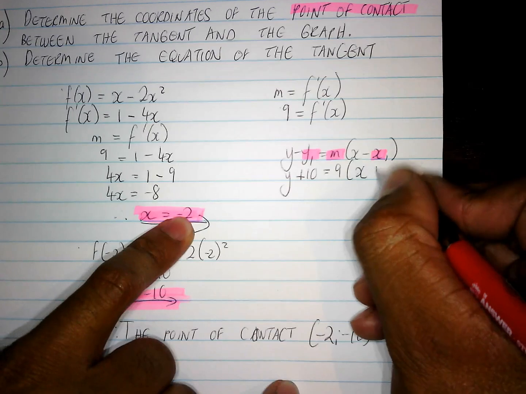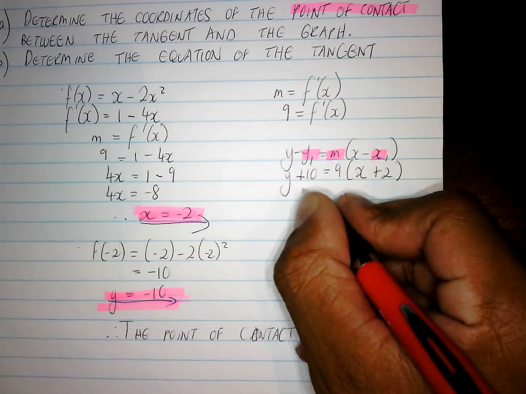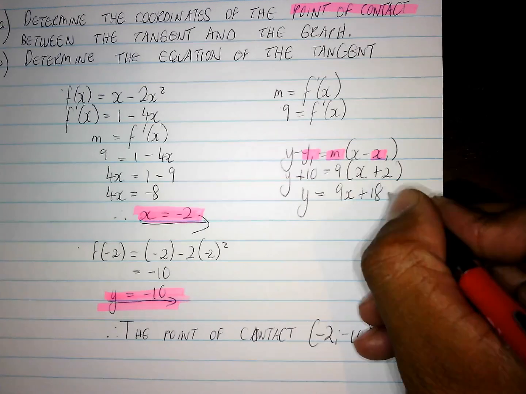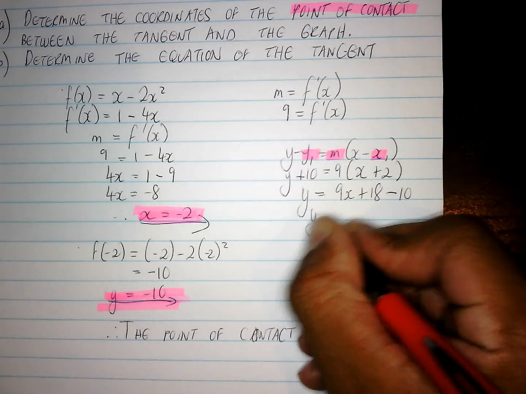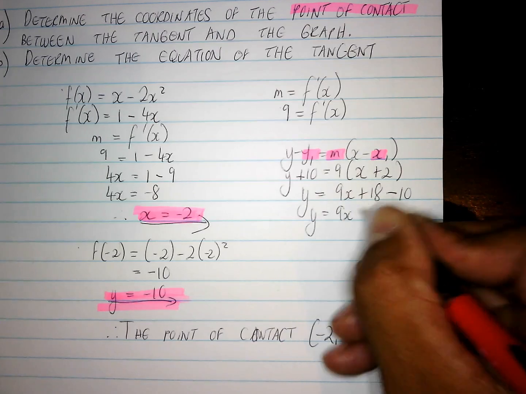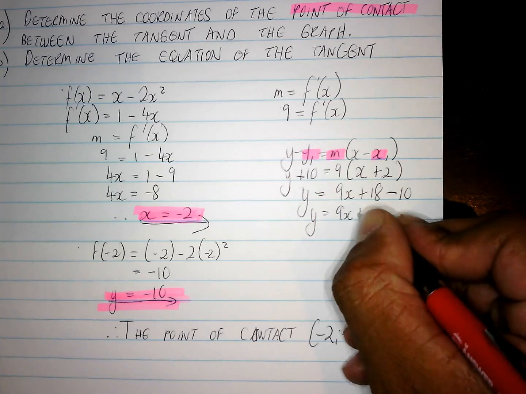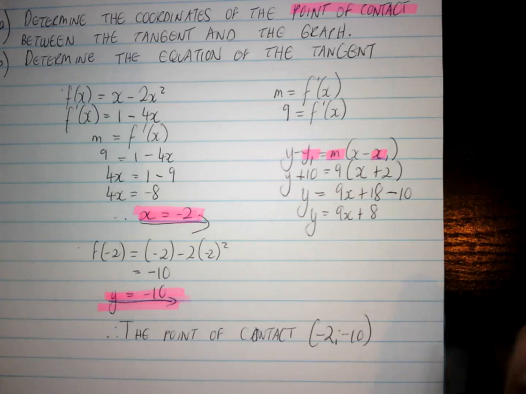So you're going to have 9x plus 18. Then it is going to be minus 10. Then you have an equation of y equals 9x plus 8. So that is going to be the equation of the tangent.